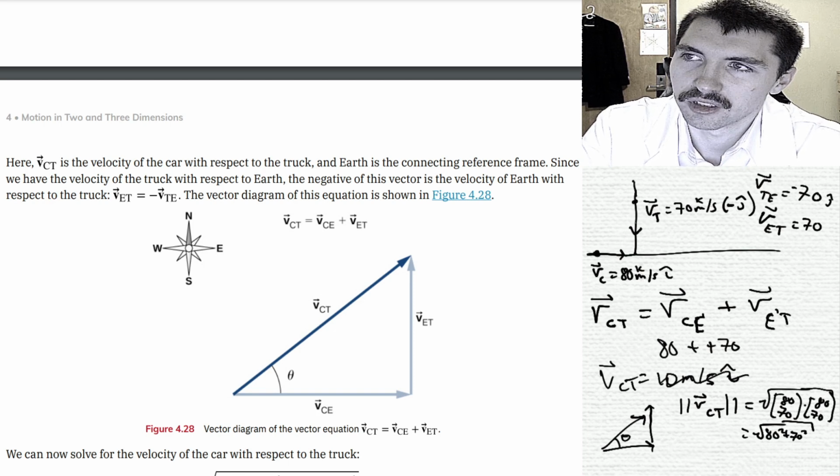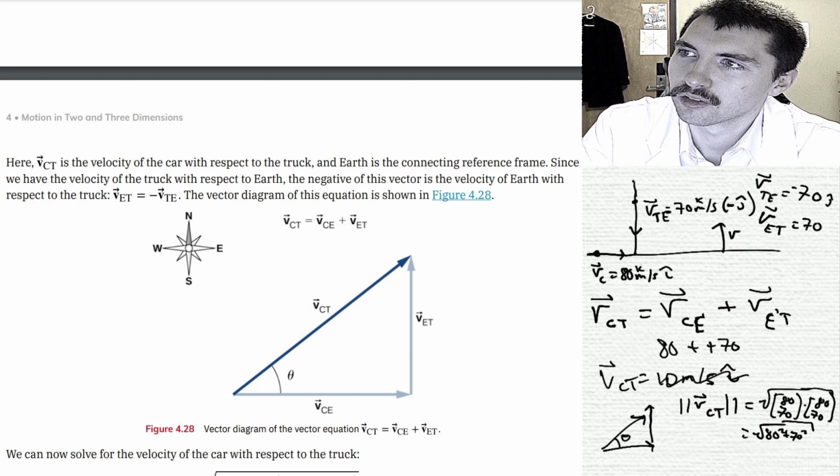So they swapped this. So yeah, so they swapped it. So this is TE. So if you swap it, then it's VET. And then this would be here.